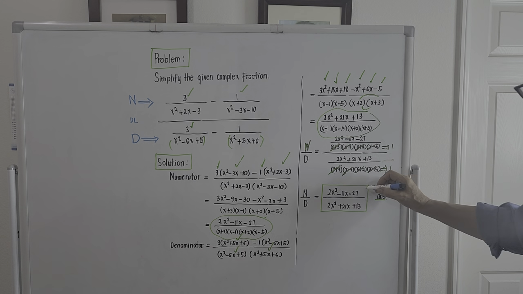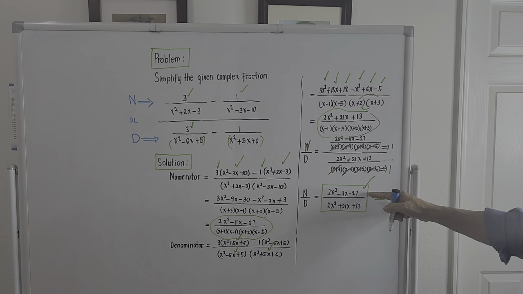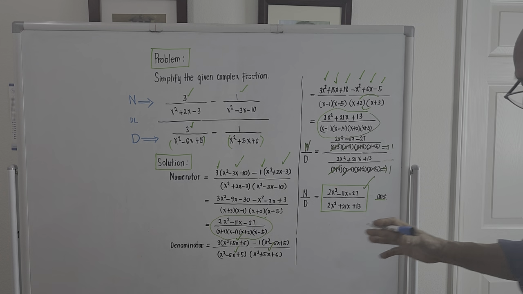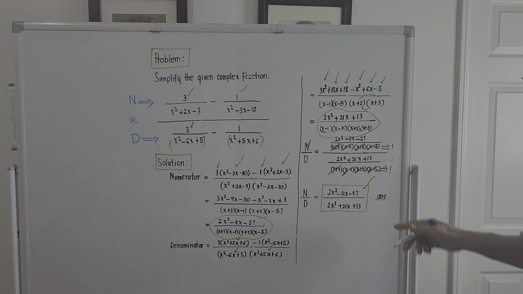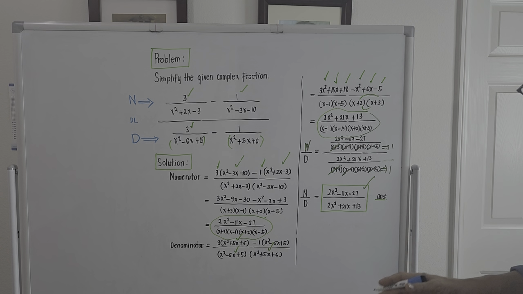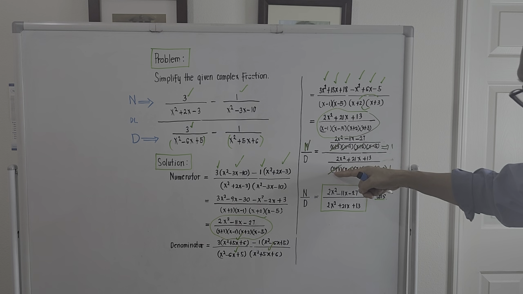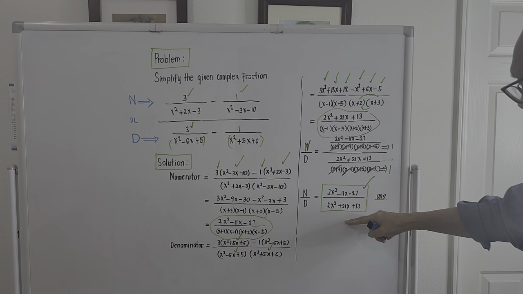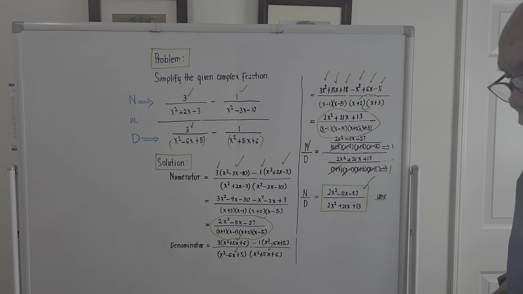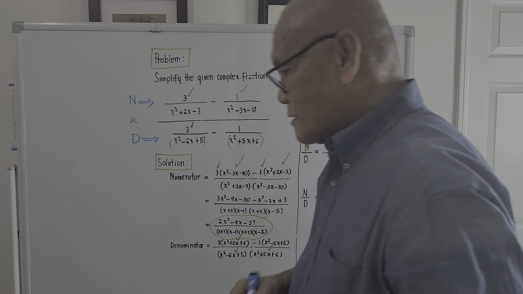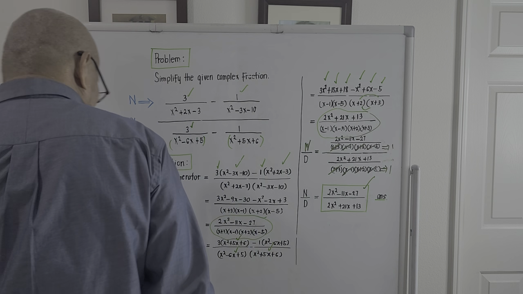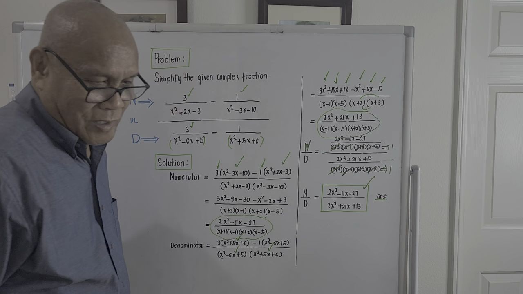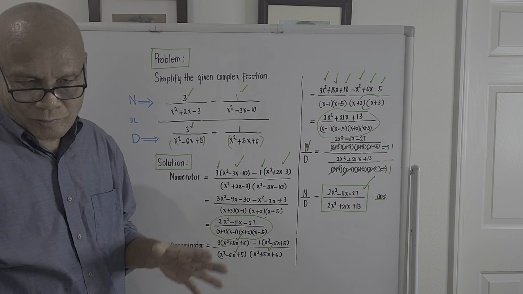I think this is not anymore factorable to a simpler binomial equivalent. And so with this one, our simplified solution will be 2x squared minus 11x minus 27 over 2x squared plus 21x plus 13. Okay, that's it, guys. That's how we process or simplify a complex fraction.